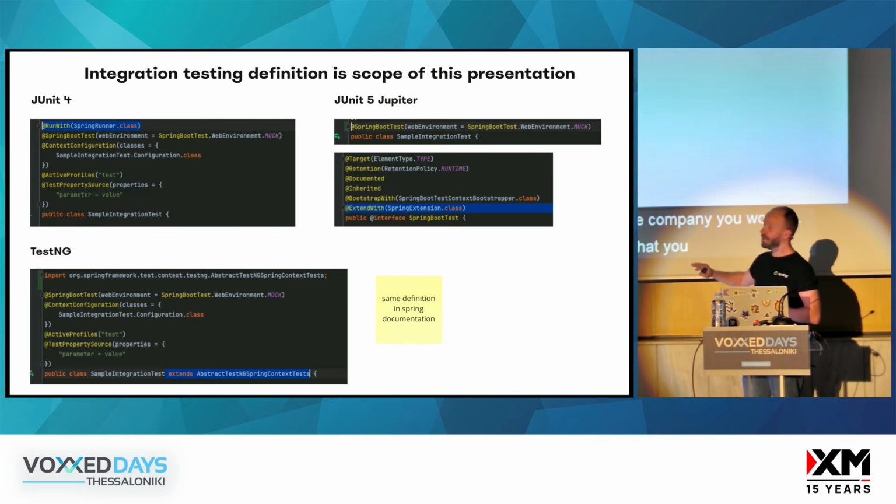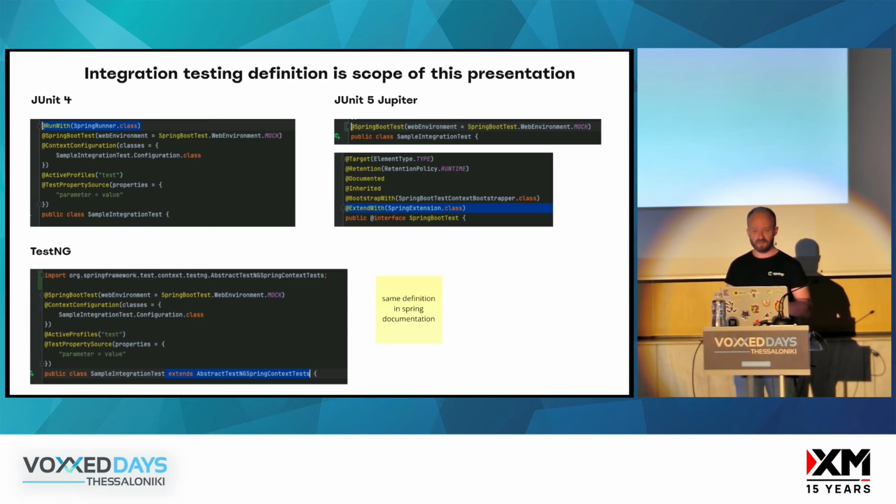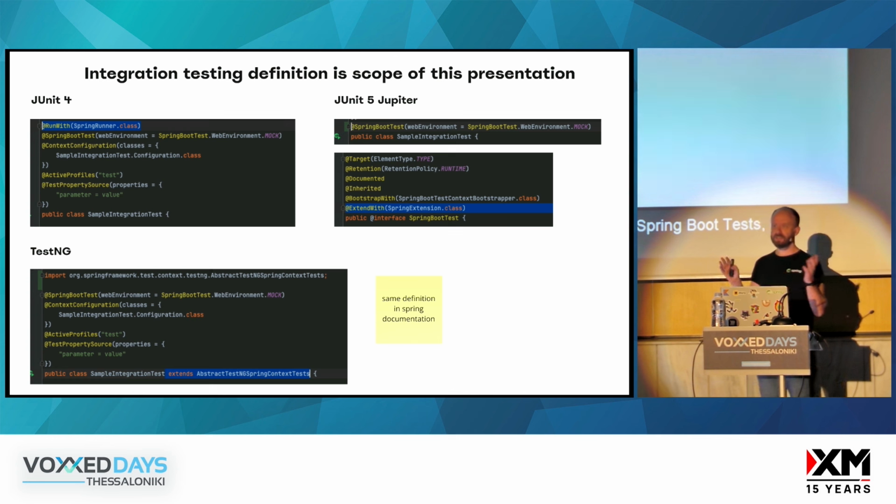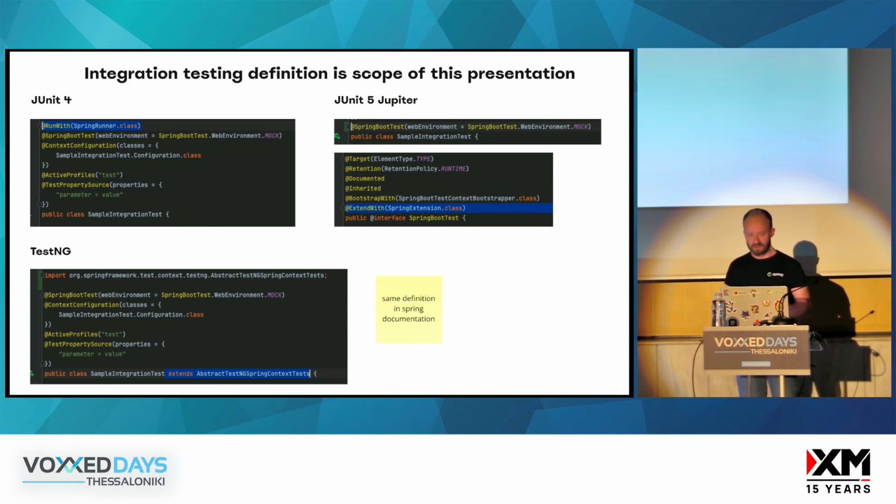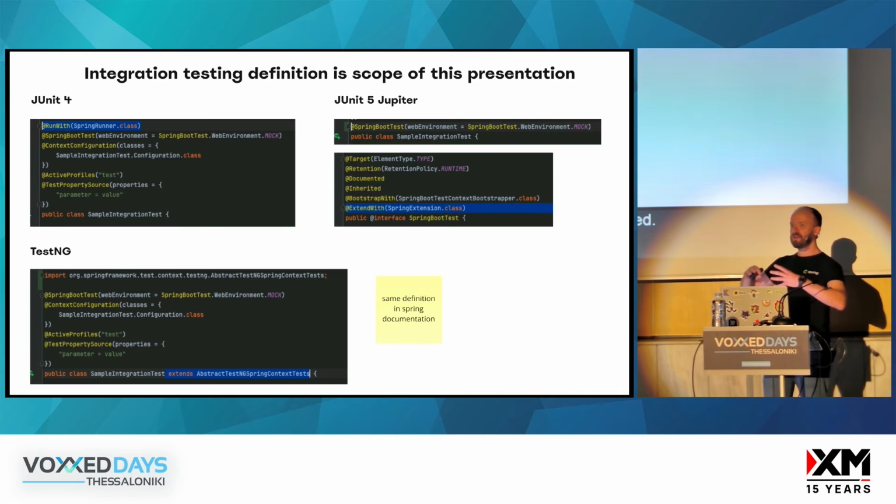For example, in classic JUnit 5, those tests are annotated with @SpringBootTest or use @ExtendWith with the Spring extension. In case you're using TestNG, you're extending a specialized parent class. Again, those tests are bootstrapping Spring contexts themselves.